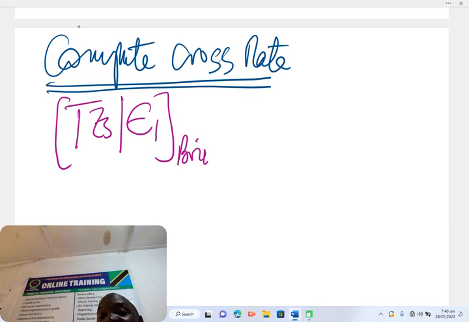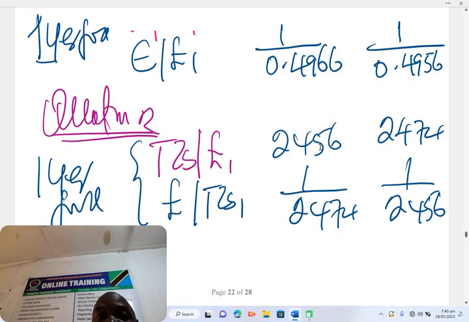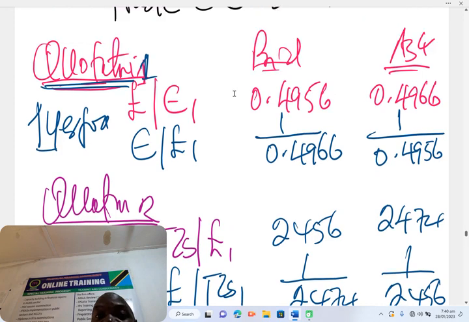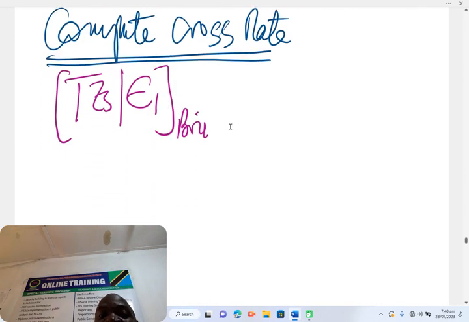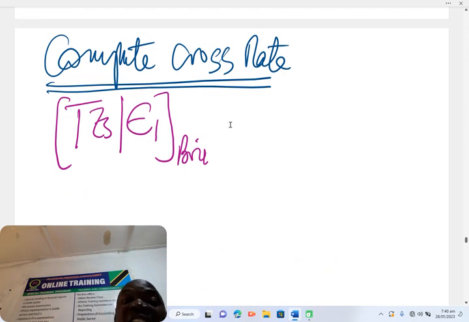In this transaction, what is a common currency? It is a currency which exists in two quotations. Common currency here is pound, because pound is in the first quotation and also pound is in the second quotation.